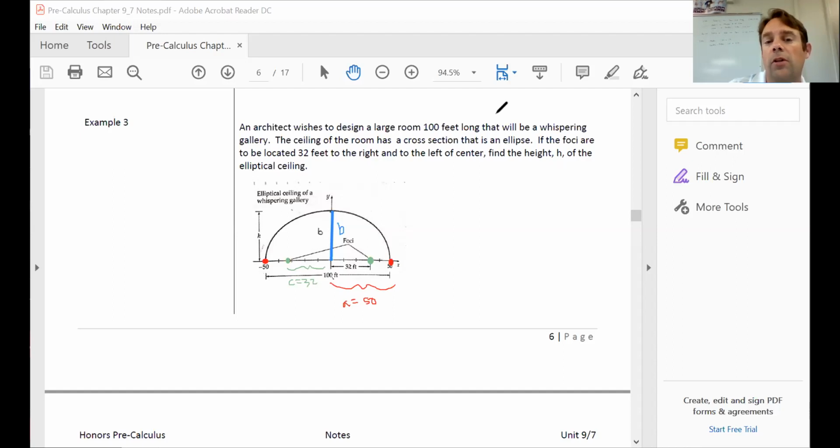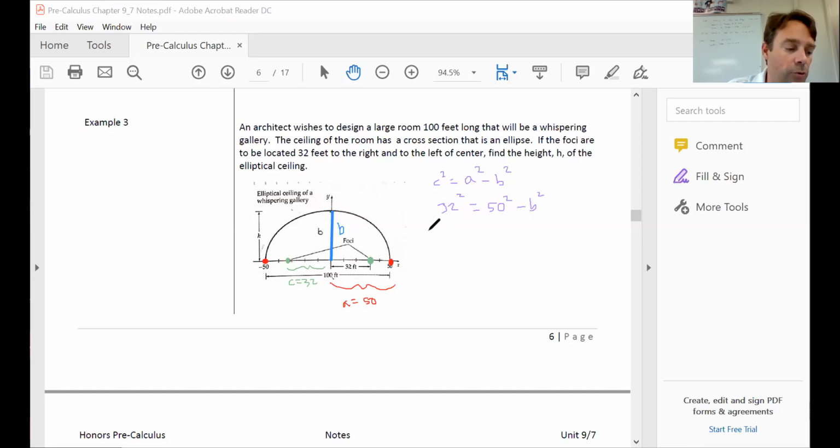We're going to use our equation, c squared equals a squared minus b squared, and we can figure it out. So c squared equals a squared minus b squared. All right, so c was 32. a was 50. And we're looking for b.